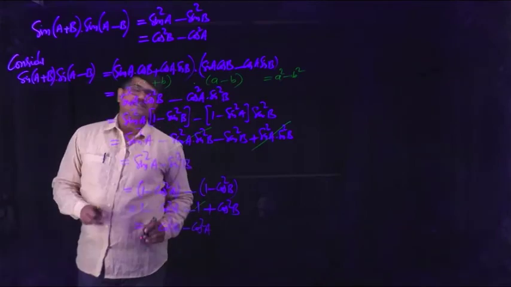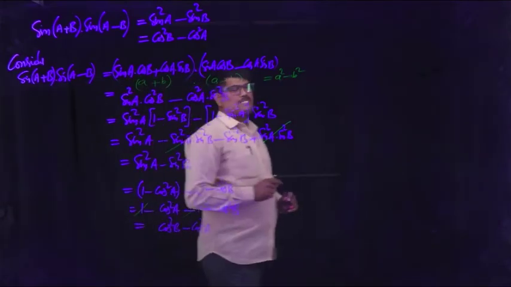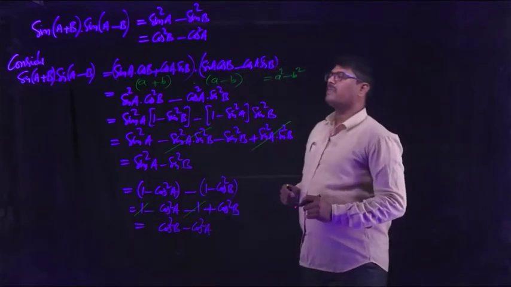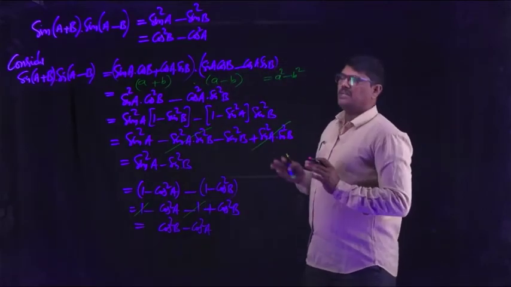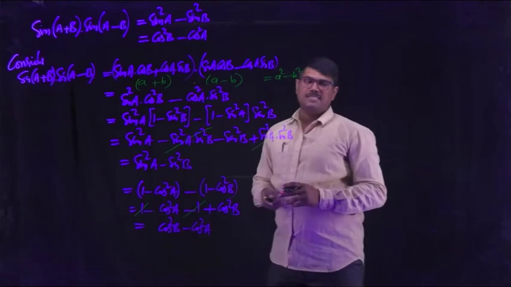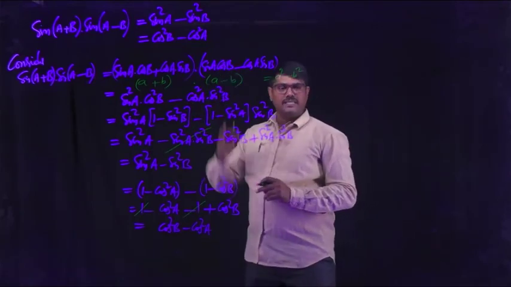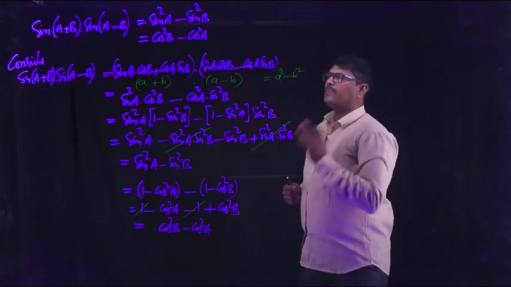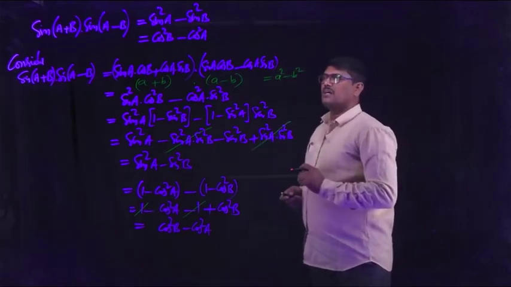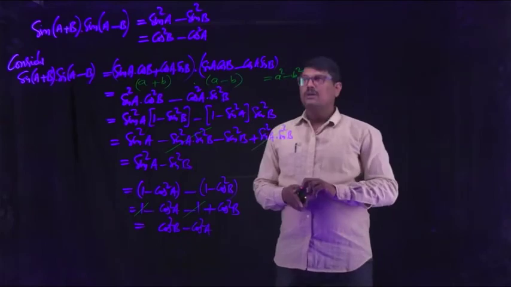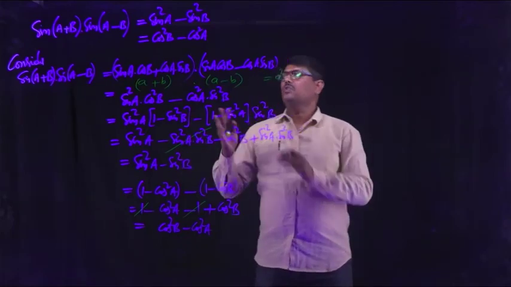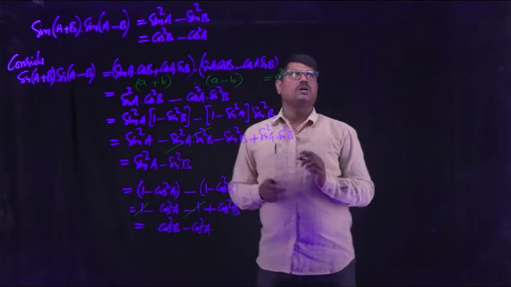So remember the formula for sin a plus b into sin a minus b. Whenever you have the expression in that format, sin a plus b into sin a minus b, you can write that in terms of sin as sin square a minus sin square b, or cos square b minus cos square a.